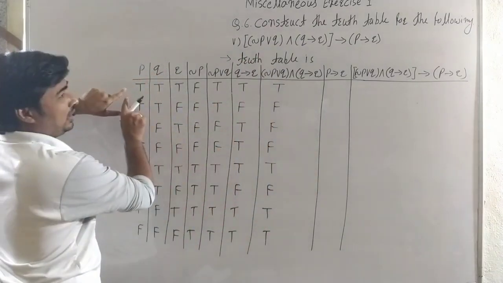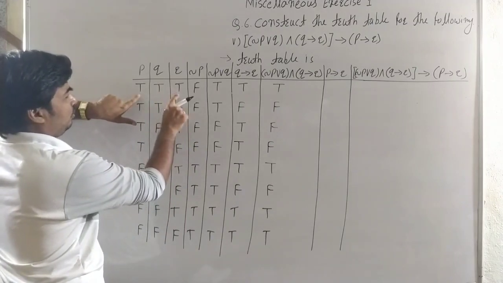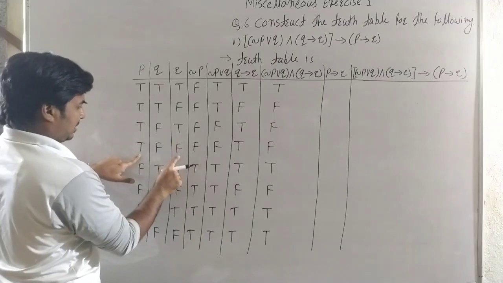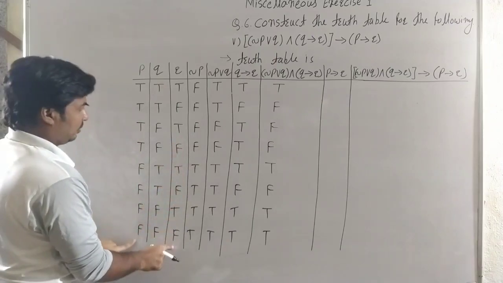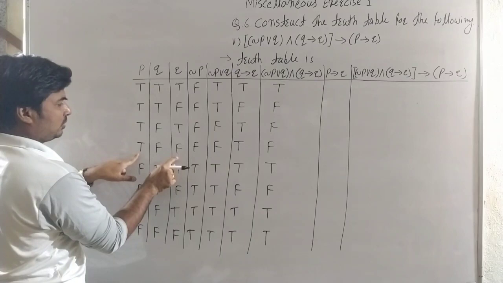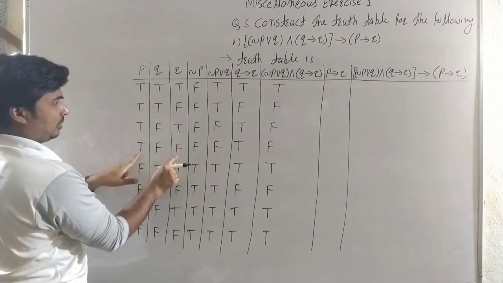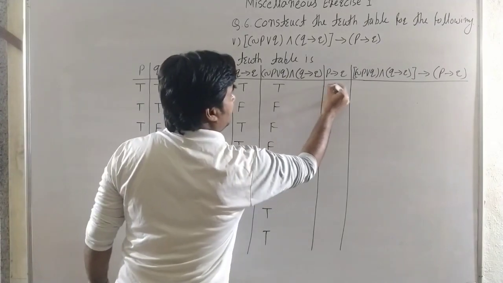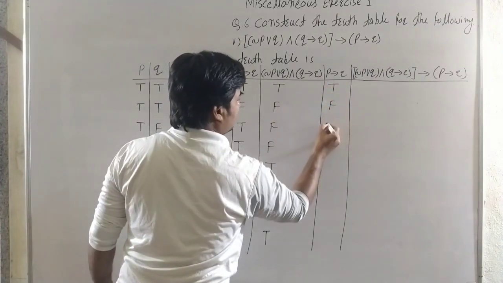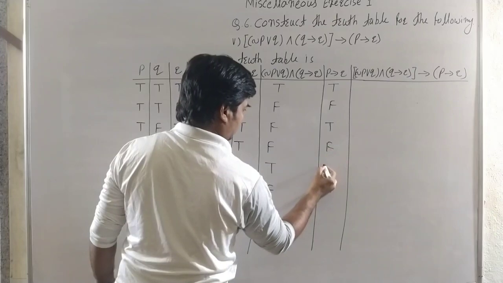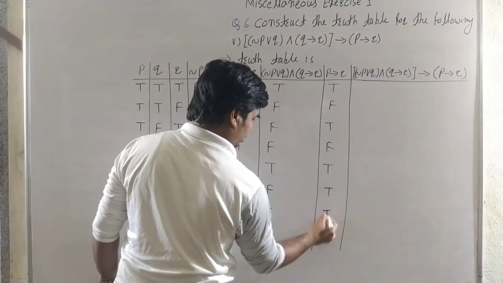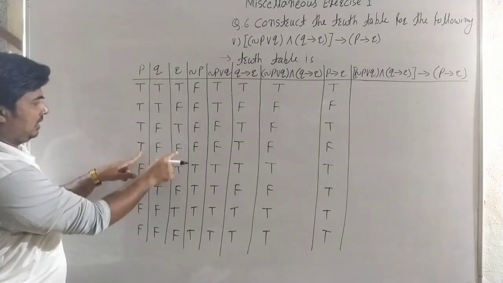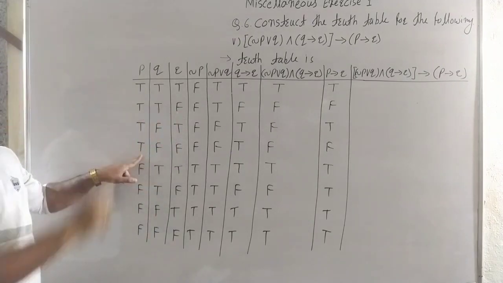P implies R. Here true implies true, true, it is false, true, it is false, then true, true, true and true. Only the second and fourth are false. True implies false and true implies false. Second and fourth are false and the others are true. Only the second and fourth are false and all others are true.